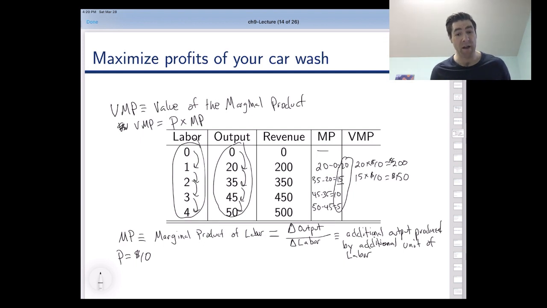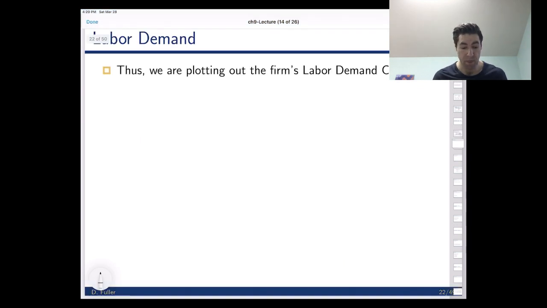So the second worker adds $150 to my revenue. The third worker, 10 times 10, adds $100 to revenue. The fourth worker is going to add 5 times 10, or $50 to my revenue. So that's what the value of the marginal product is intended to capture.